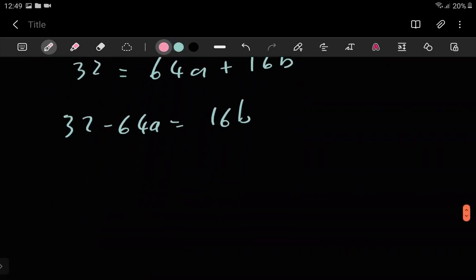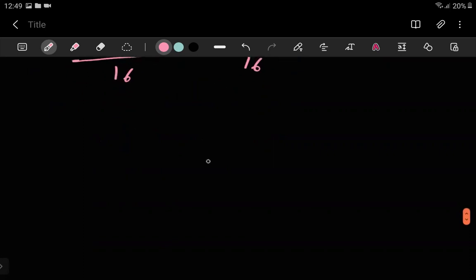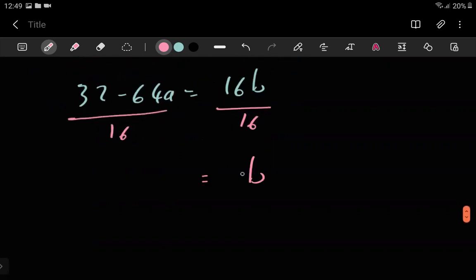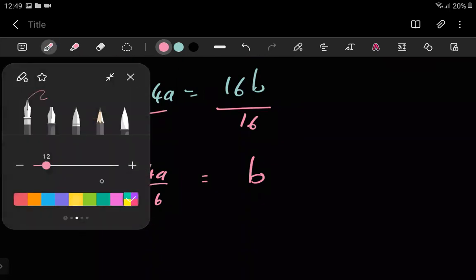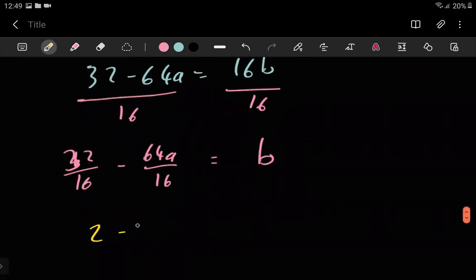Let's divide both sides by 16. So here you're going to have b, and here you're going to have 32 over 16, which is 2, and this is like a 4a.